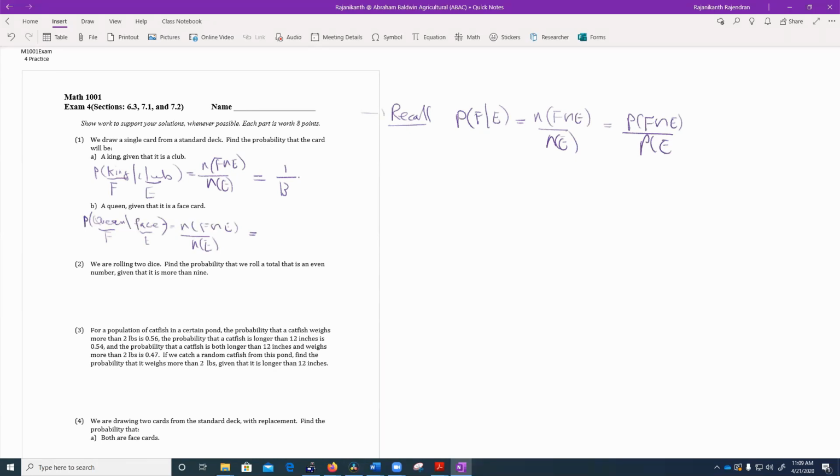How many such cards are available? Of course, a queen is a face card. There are 4 of them. The event E says that you are choosing a face card out of 52. How many face cards are there? There are 12 face cards. So it is going to be 1/3.